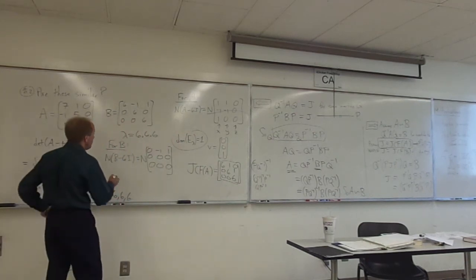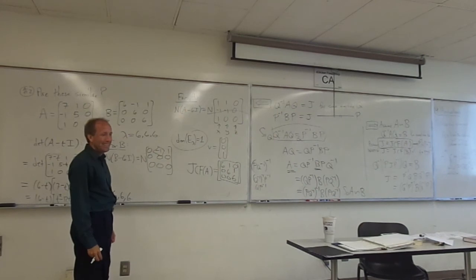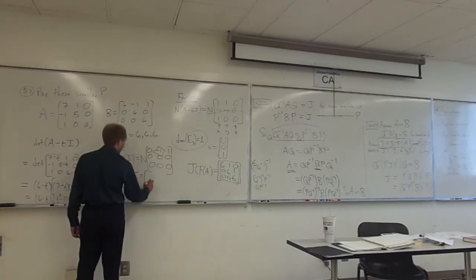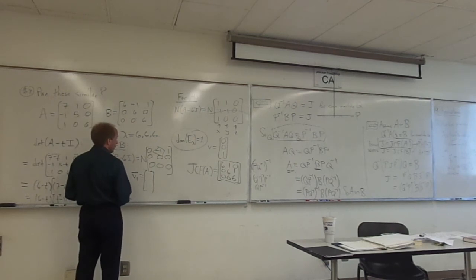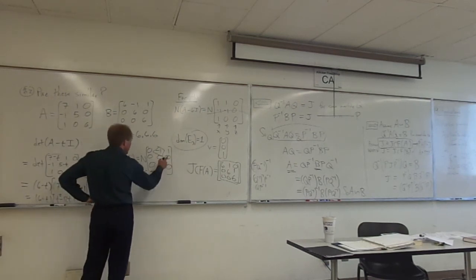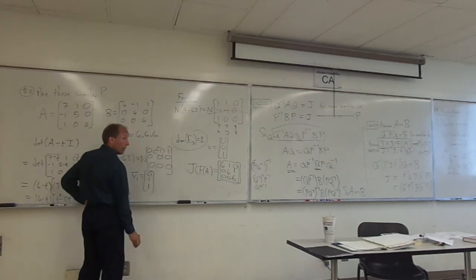How many free variables do I have? 2. So how many eigenvectors am I going to get? 2, right? And the free variables are just, well, the third variable is free. And so if z is equal to t, then notice that y also has to be t. This first row says that y equals z, basically. So I'm going to say 0, 1, 1.